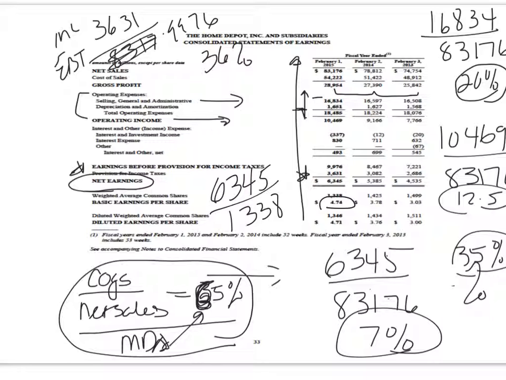To get the amount diluted per share, you would replace this with 1,346, and then you're going to get 4.71. And that then becomes the diluted share amount. When we have diluted shares, it's typically with firms with very complex capital structures.